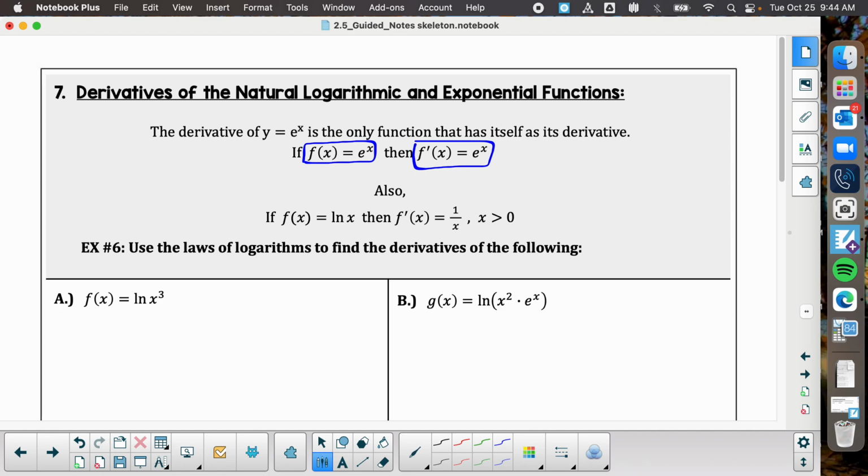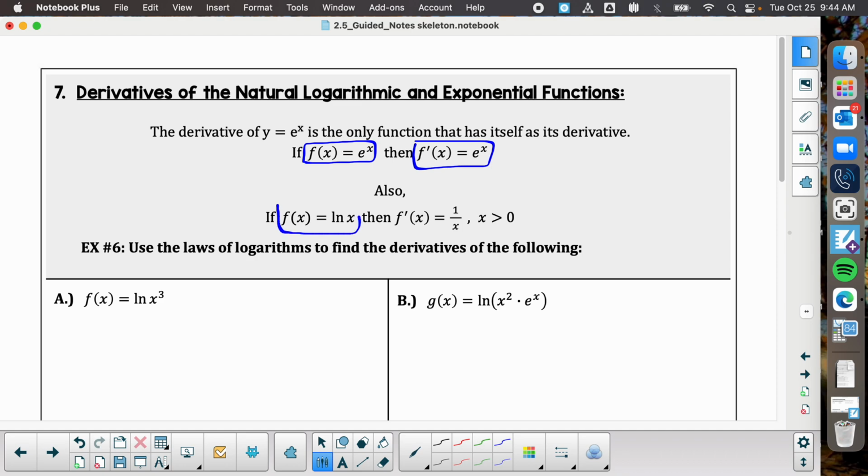The slope at every x value of e to the x is the exact same as its height. So like if your point is at a height of 2, it would currently have a slope of 2. Every single point on the graph works that way. It's really strange. But it works great for taking derivatives.